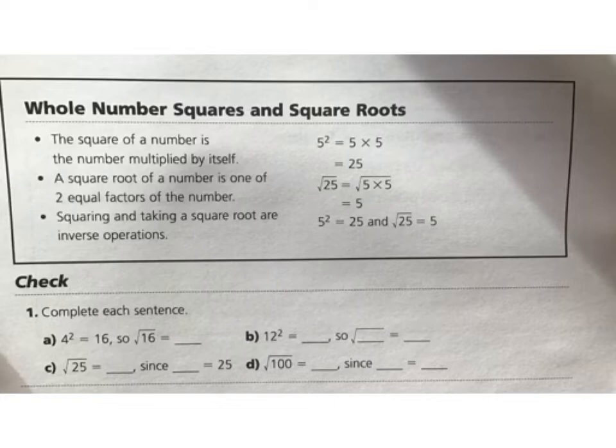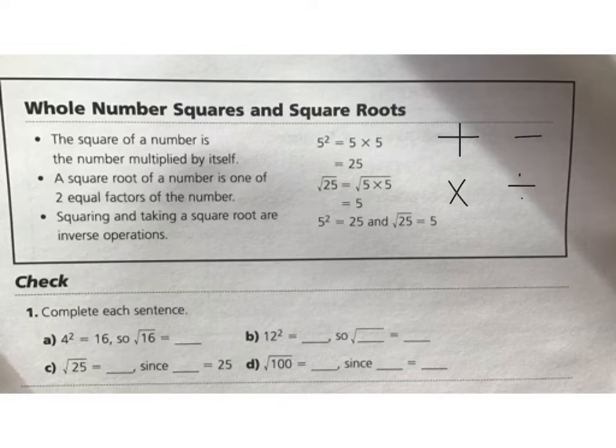Basically here, the square of a number is the number multiplied by itself. We know that from our exponents unit. The square root is the exact opposite of that. Squares and square roots are called inverse functions. If you remember in our algebra unit, we remembered that adding and subtracting are opposites, and multiplying and dividing were opposites.